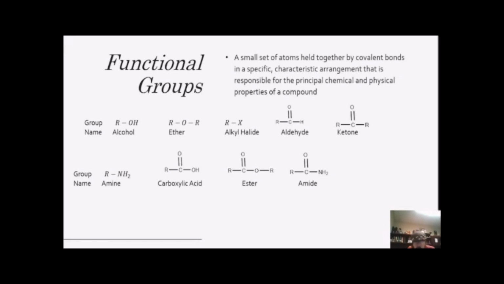If you, instead of an alcohol, have a nitrogen, you have an amine. If we have that C double bond O attached to an OH, it's a carboxylic acid, or acid. If it's attached to an ether, it becomes an ester. And if it's attached to an amine, it becomes an amide.